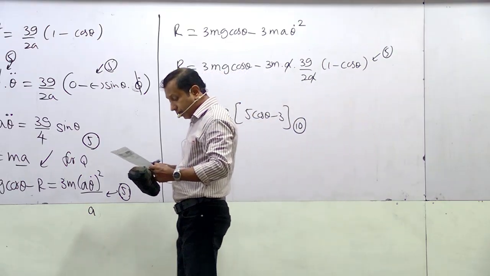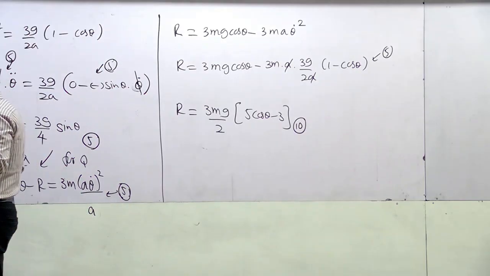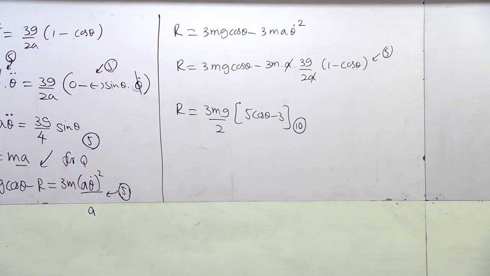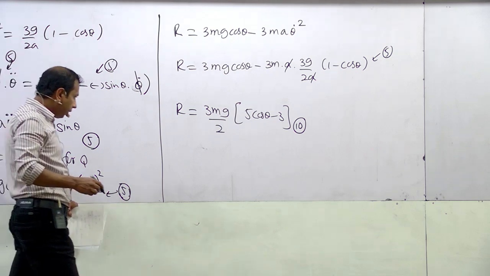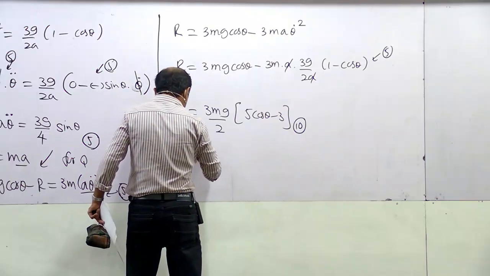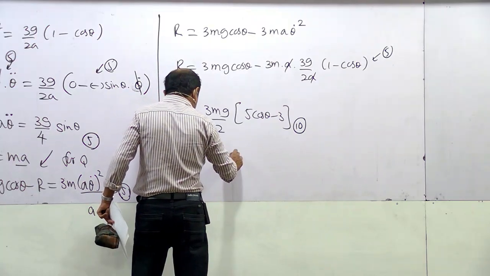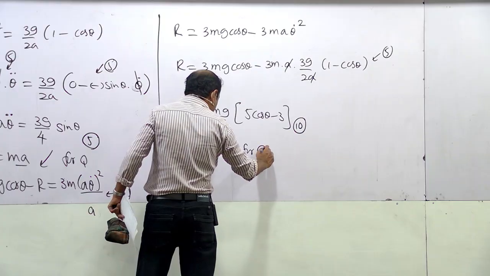Our last one is tension in the string at time t. F equals ma, now we can apply for P, right?